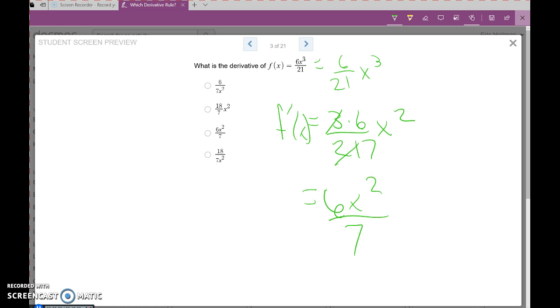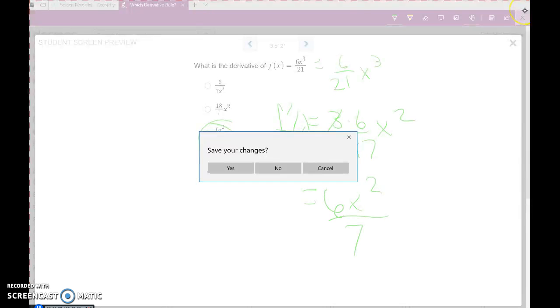We get 6x squared over 7, which is answer choice C. All right. Next problem.